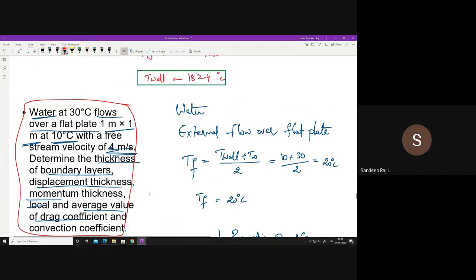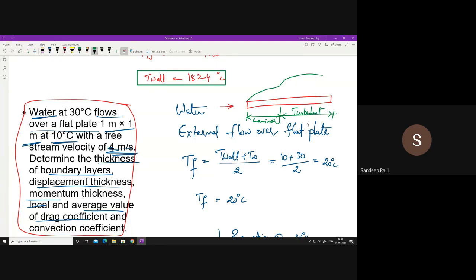If I take a flat plate here, and the flow is flowing in this direction, the boundary layer will be something like this. Till here it will be laminar. In the beginning it will be laminar. After that, the remaining part it will behave as a turbulent flow.